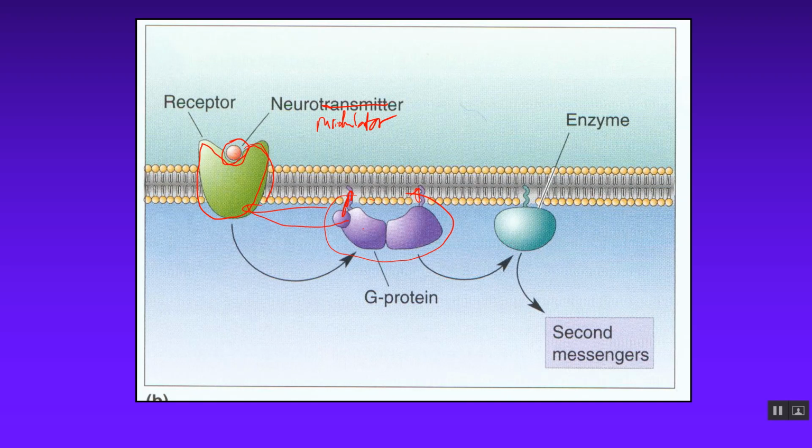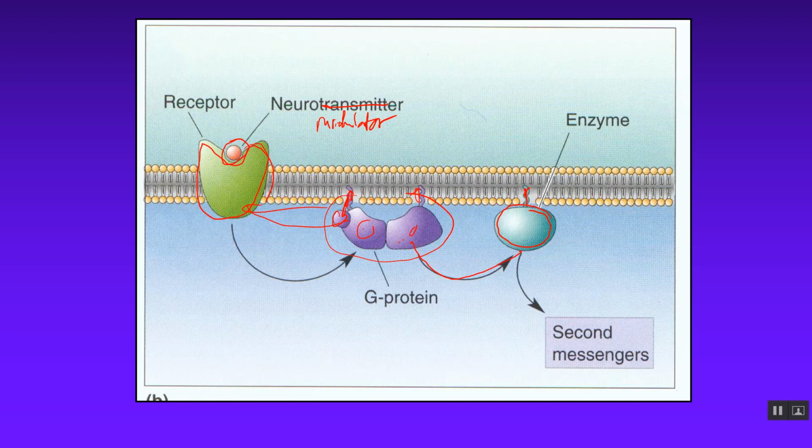This can still cause that G protein to activate, whatever, don't worry about the details of what that means, but you can see it has three different subchains here. One of those subchains then can go and activate an enzyme. And here, this enzyme is embedded into the cell membrane nearby.